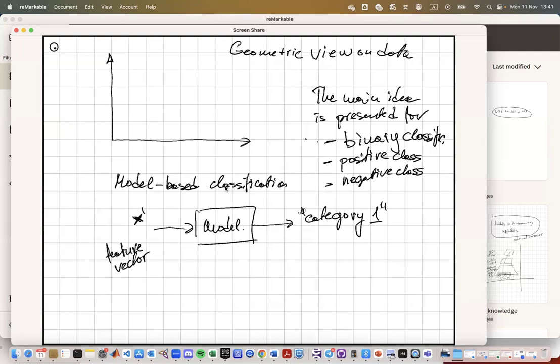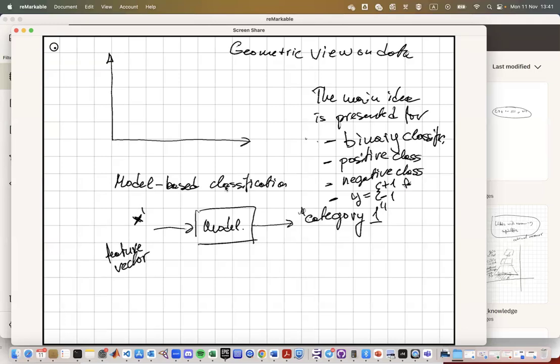It's not just positive in terms of correct and negative meaning incorrect, but we give it a mathematical interpretation. So our class labels can take either positive or negative values, so +1 or -1.